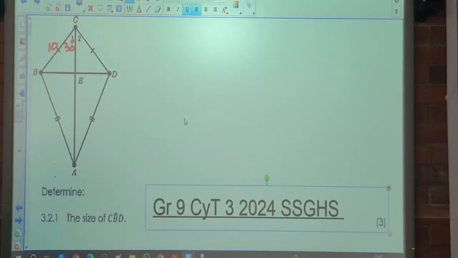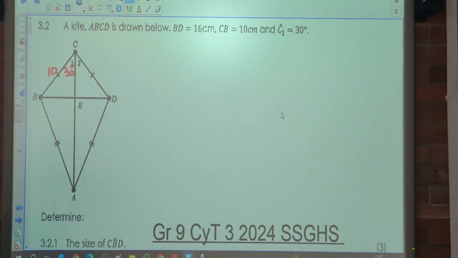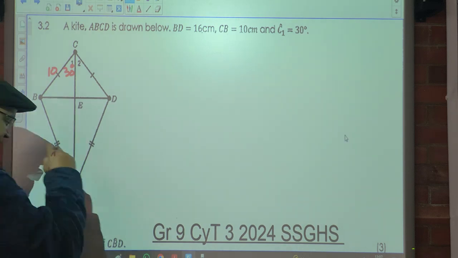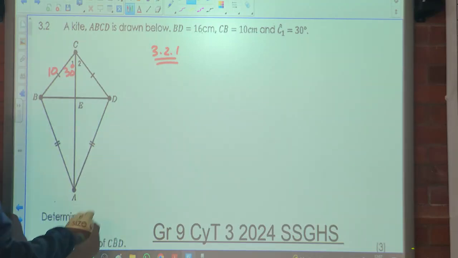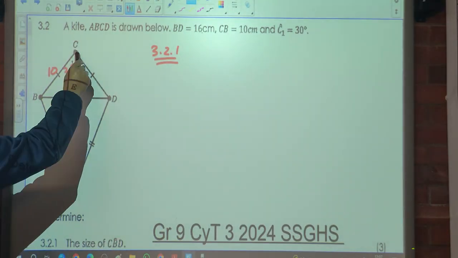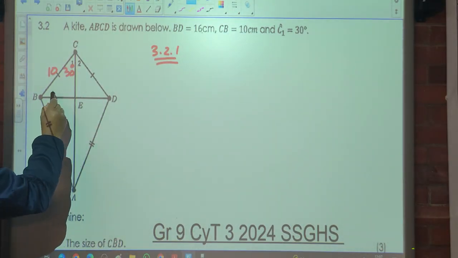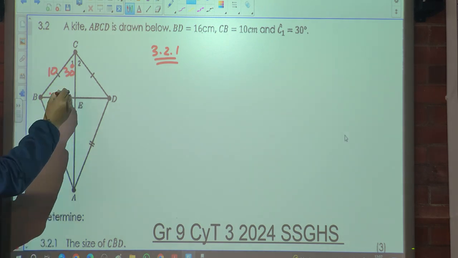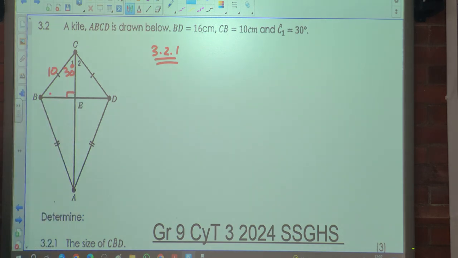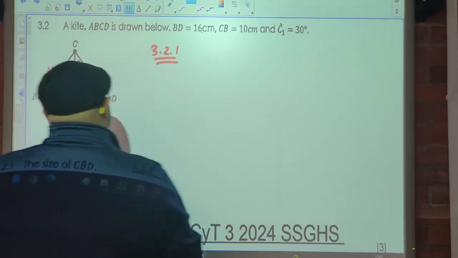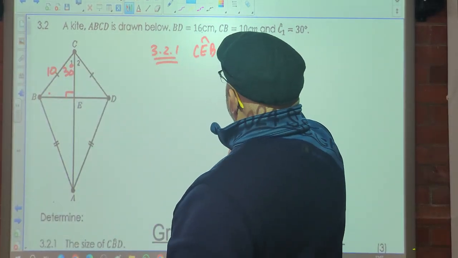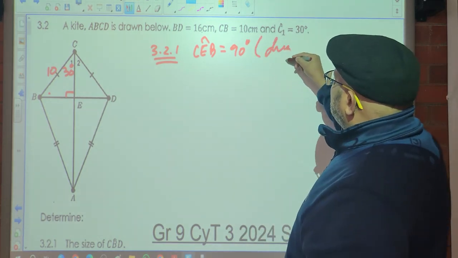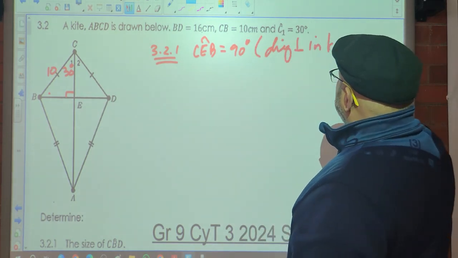Question 1 says, calculate the size of CBD. So 3.2.1. CBD. So this angle here. But we know this is 90. Why? The diagonals are perpendicular in a kite. So we first say that CEB is equal to 90 degrees, with diagonals perpendicular in kite.